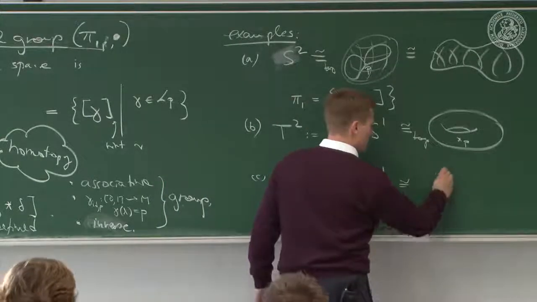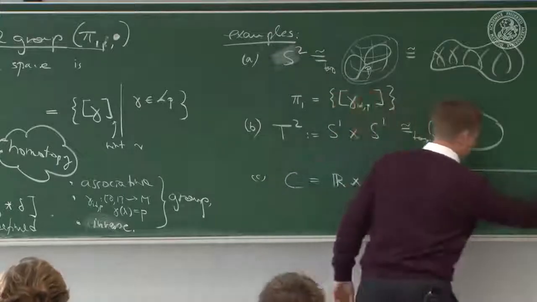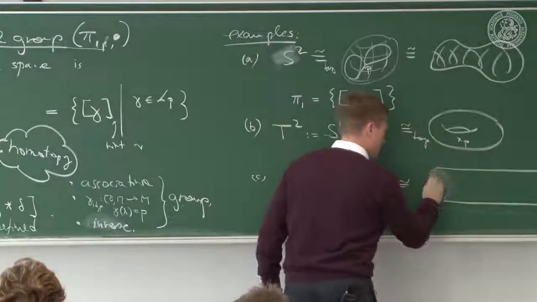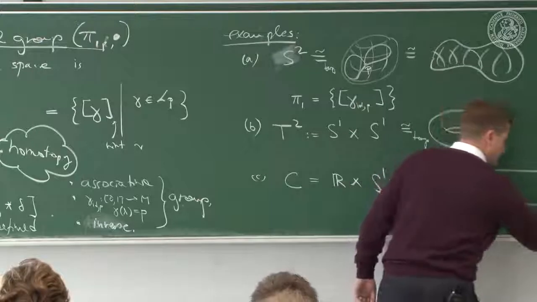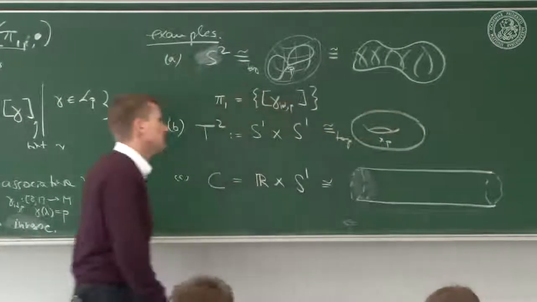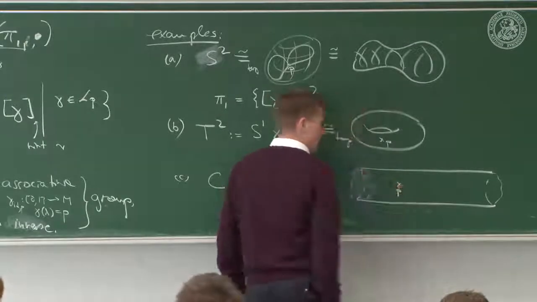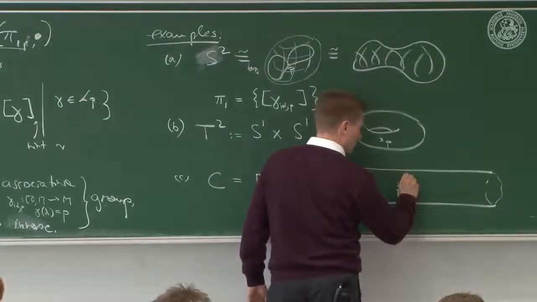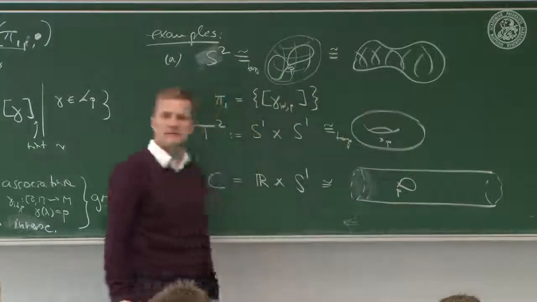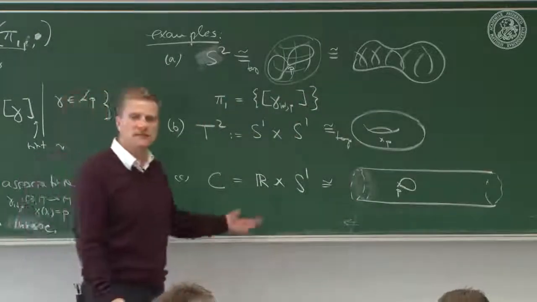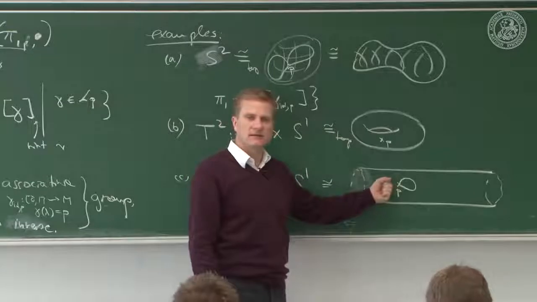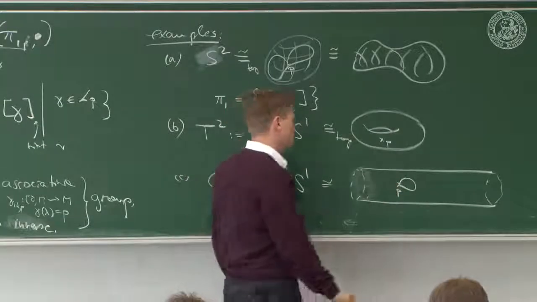And this is, well, actually, you know how this cylinder looks like. And of course, it never ends. It's the cylinder that goes like this. Now, if I have a point P here, I can look at a loop that just looks like this, right? So the identity is again in there because you can contract this to the identity, that's homotopic.